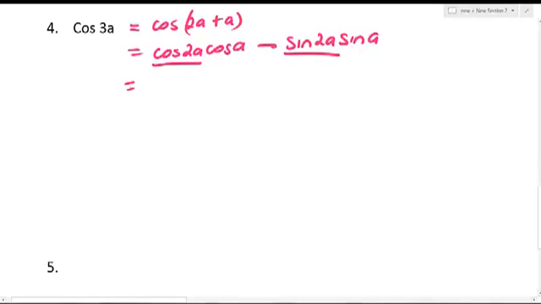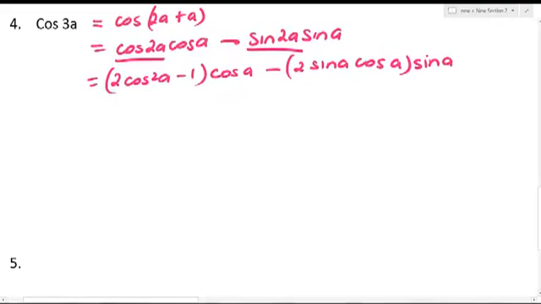So remember, this is in terms of cos a. So I'm going to change cos 2a into a version that has just cos in it. So the version that has just cos for cos 2a is 2 cos squared a minus 1. And we're still timesing all that by cos a because that term is still there. I'm going to change sine 2a into 2 sine a cos a. All this is still times sine a.